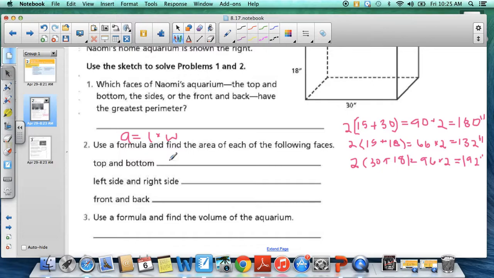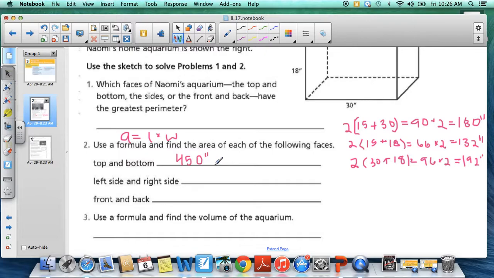So for the top and the bottom, the two numbers that we're going to multiply are 15 and 30. And we are going to get a grand total of 450 inches. I'm just going to put these because that is the symbol for inches.